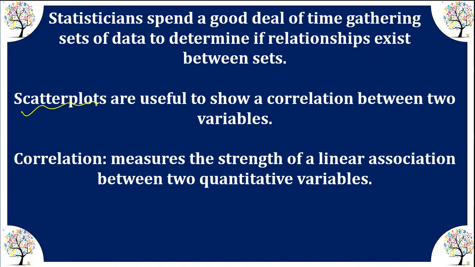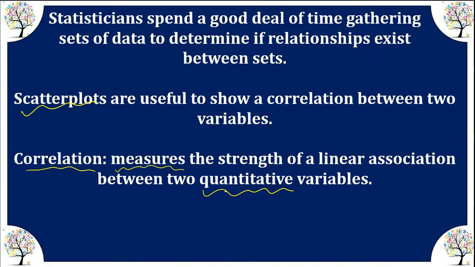So again, scatter plots are useful to show if there is a correlation. So correlation, it is a measure. So it measures the strength of a linear association between two quantitative variables. So that's super important. So when we talk about correlation, we are referring to quantitative data versus qualitative.